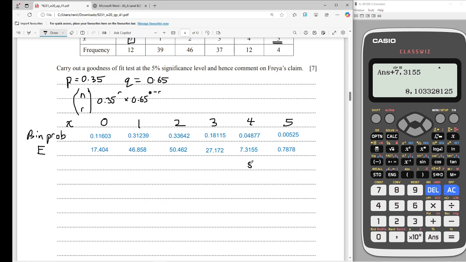So we have 8.103, then 27.172, 50.462, 46.858, and finally 17.404.